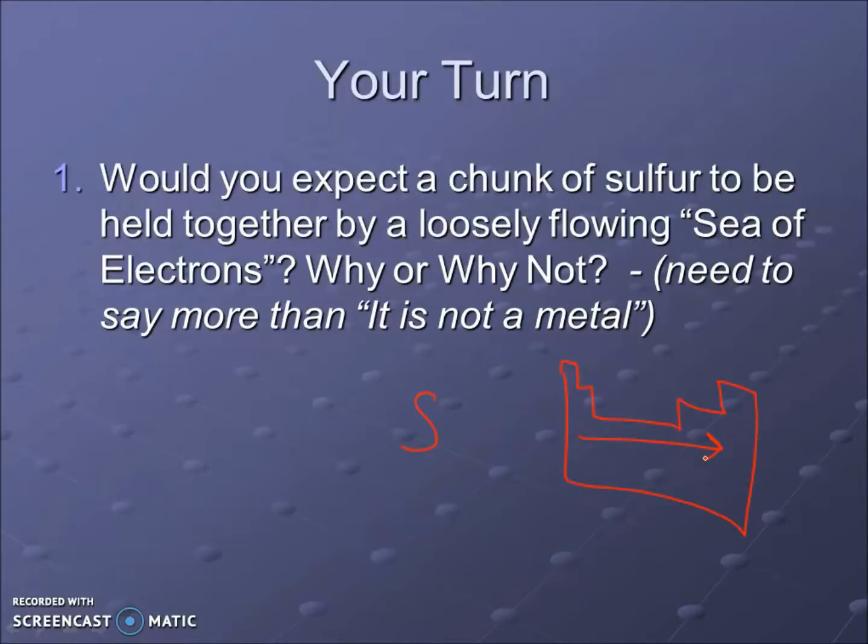So when we have our sulfurs and nonmetals that are over here, we have higher ionization energy. So it's got a stronger attraction for its valence electrons. And because of that, they are not loosely held. They stay pretty much with that sulfur atom. They're not just flowing from one atom to the other. So that's why nonmetals do not have these kinds of bonds holding them together.